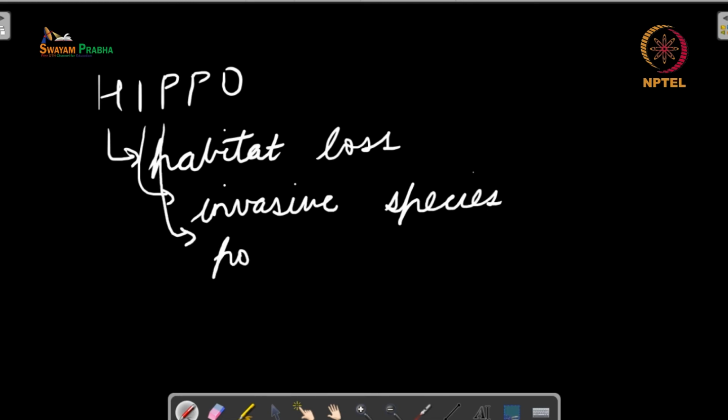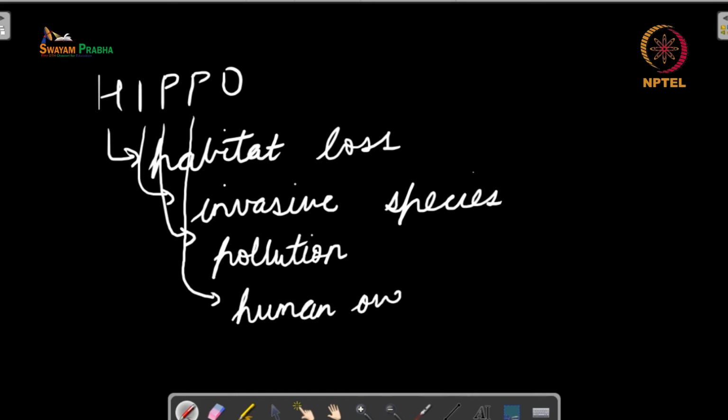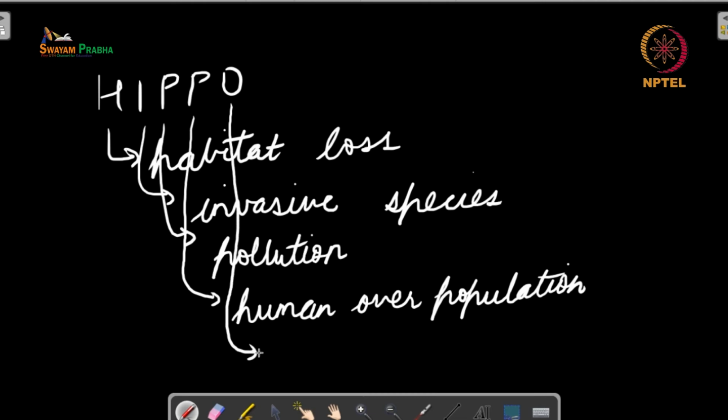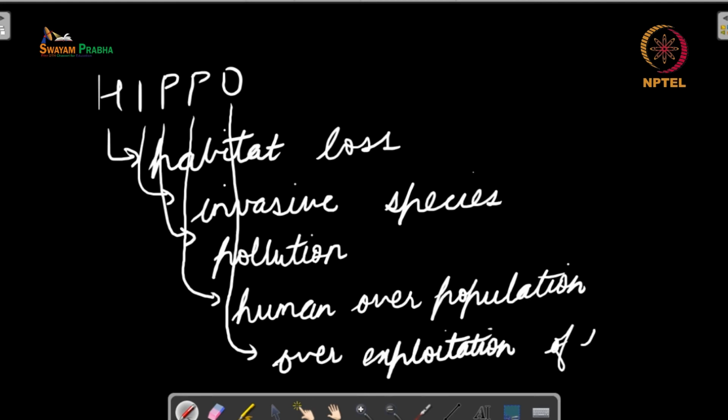P stands for pollution. The next P stands for human overpopulation. And O is related to the over exploitation of resources.